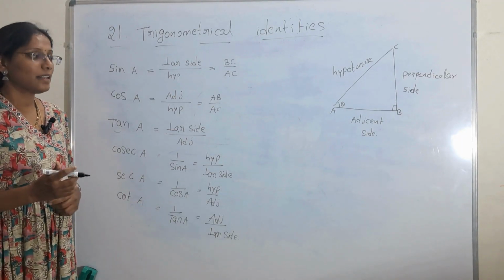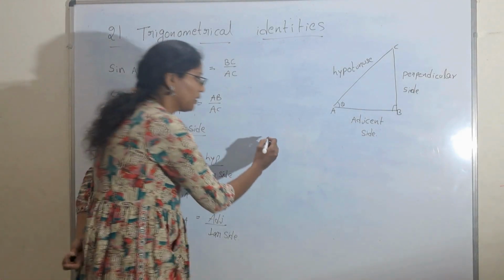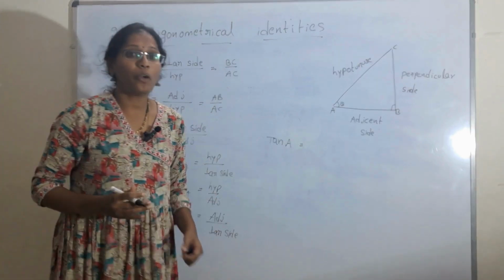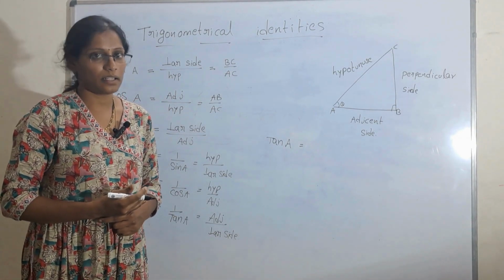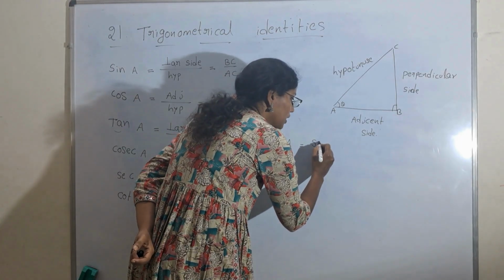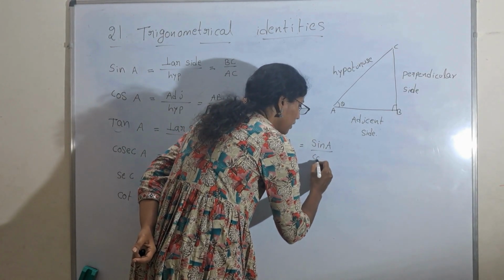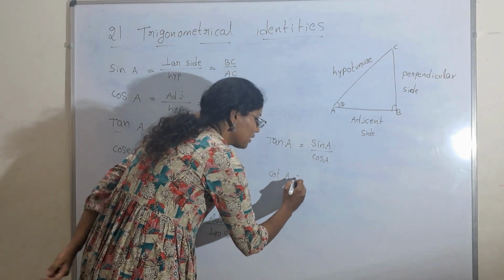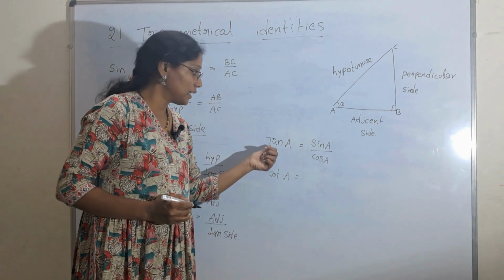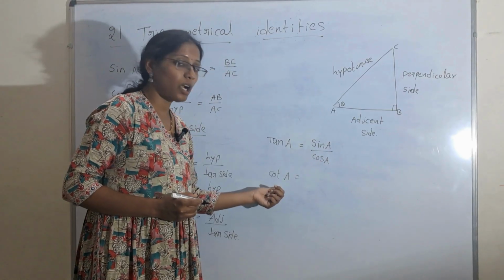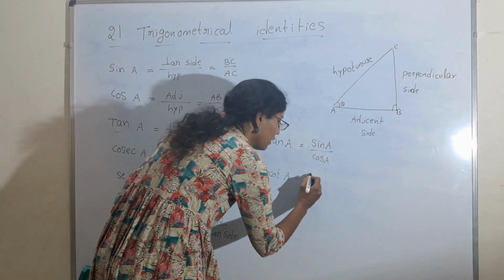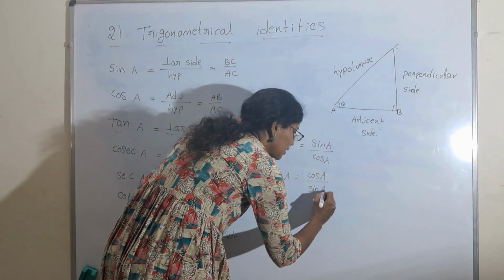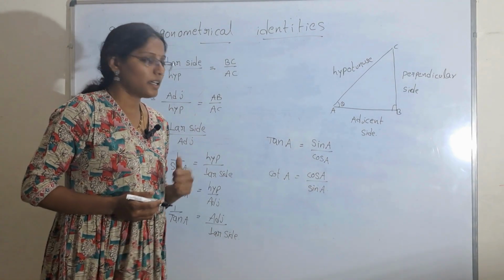And the relation between sine, cos, tan: tan A we write in terms of sine and cos as sine A by cos A. Cot A is the reciprocal, so cot A is cos A by sine A. These are the relations.